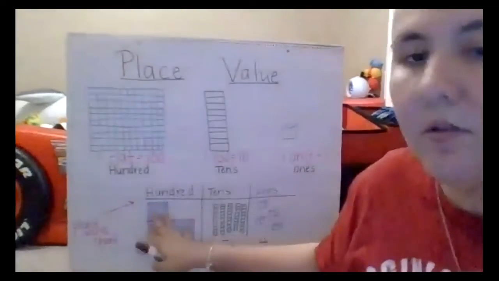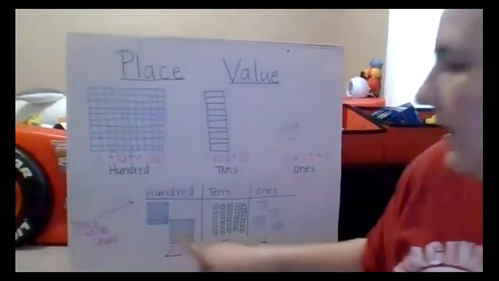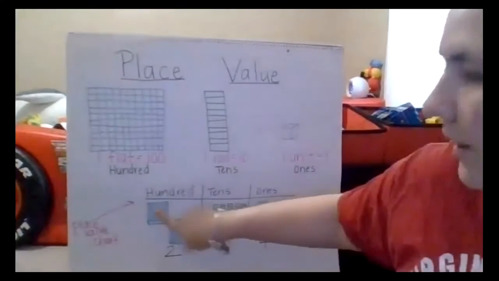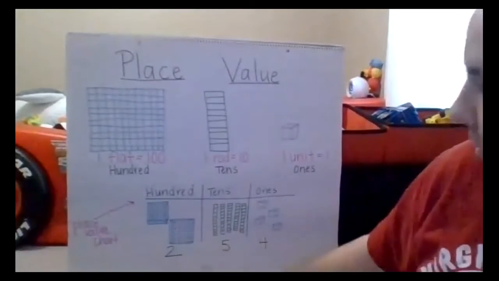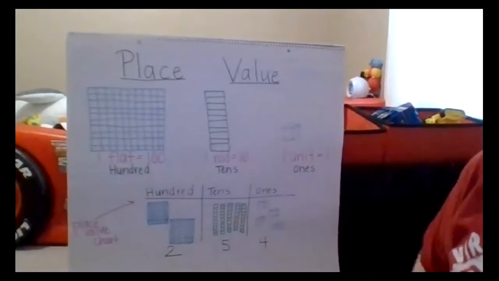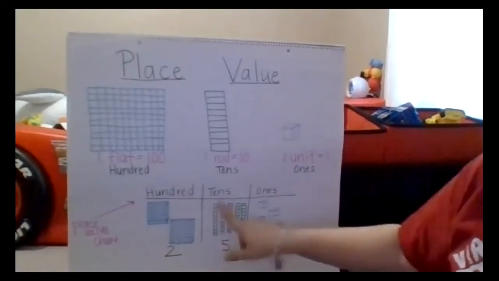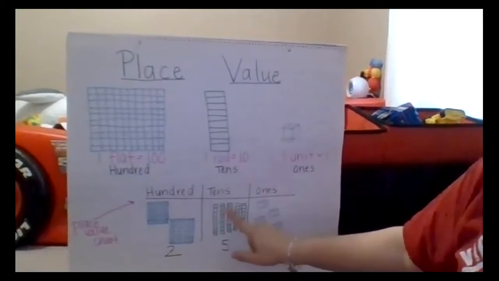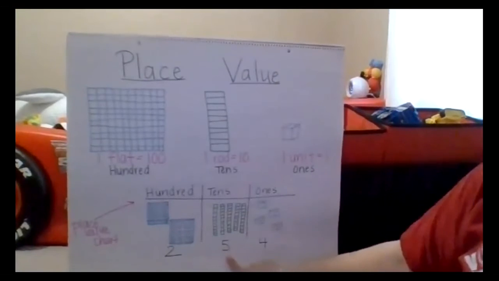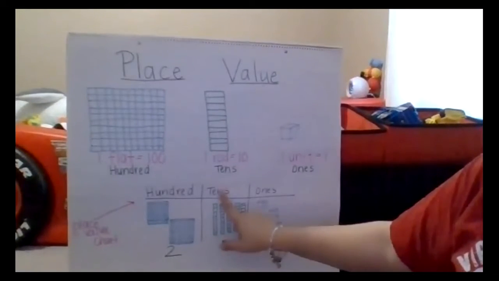So in this picture, that's our example. You can count and see how many hundreds are there. Well, let's touch and count together. 1, 2. So you can see I moved my number 2 down. In this one, let's see how many we have. 1, 2, 3, 4, and 5. So you can see I wrote the number 5 in the tens place.